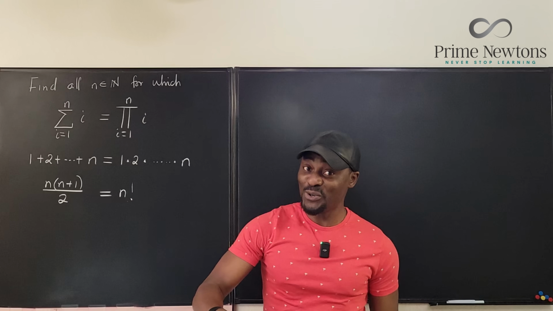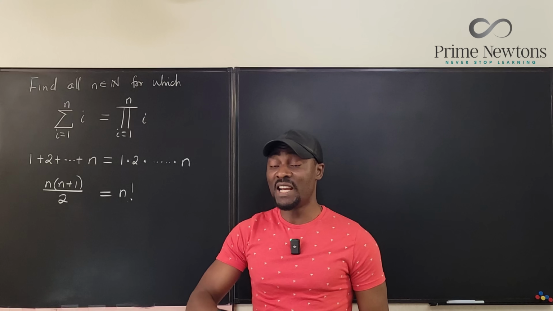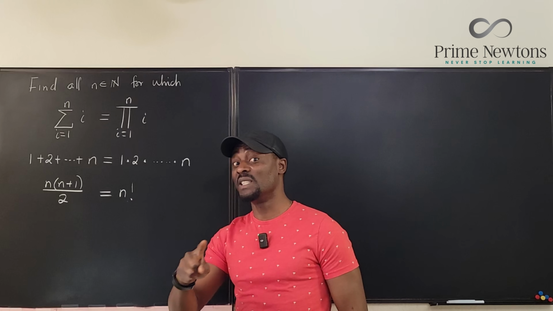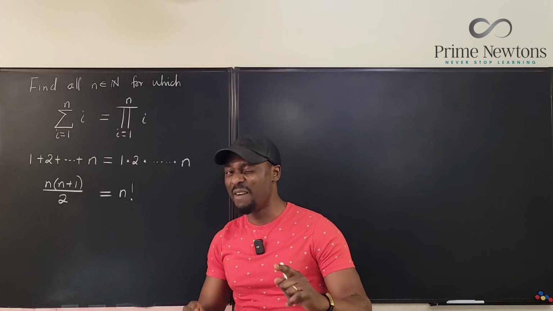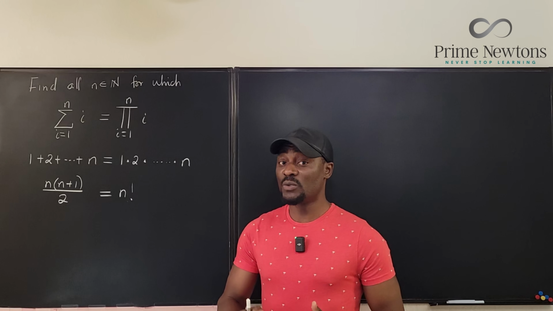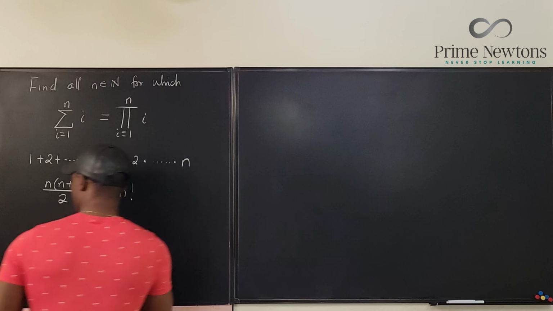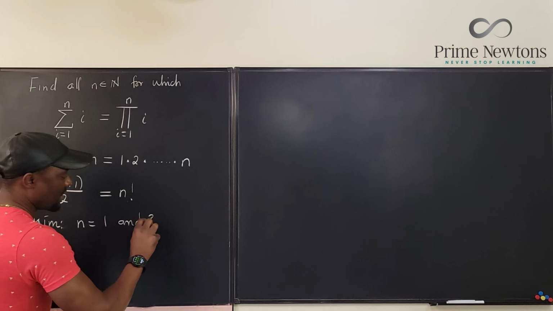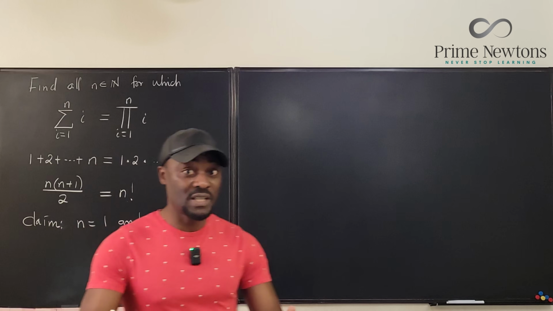And it is not true when n equals 4. And it is not true when n is 5 or 6 or 7, and will never be true. Now, that never being true is what I'm going to prove. So I'm going to start with n equals 1 and claim it is true. Let me just make my claim. Claim: n equals 1 and 3. Those are the only times it will be true.